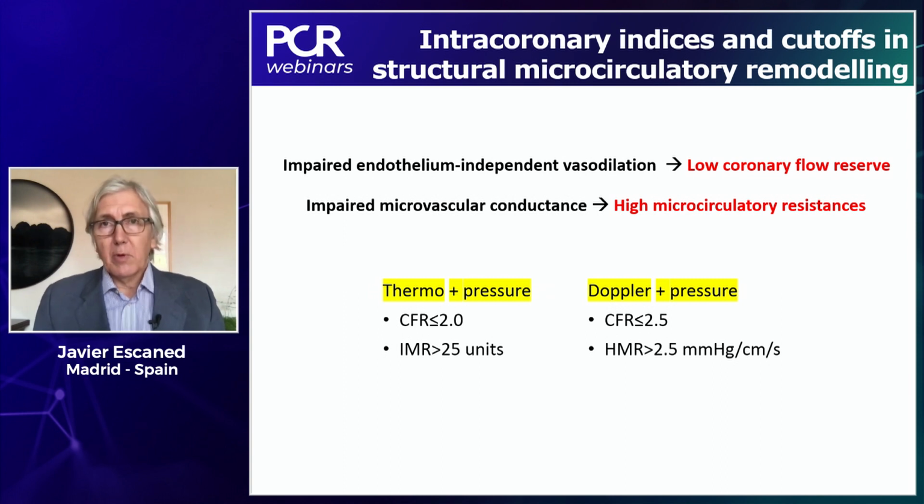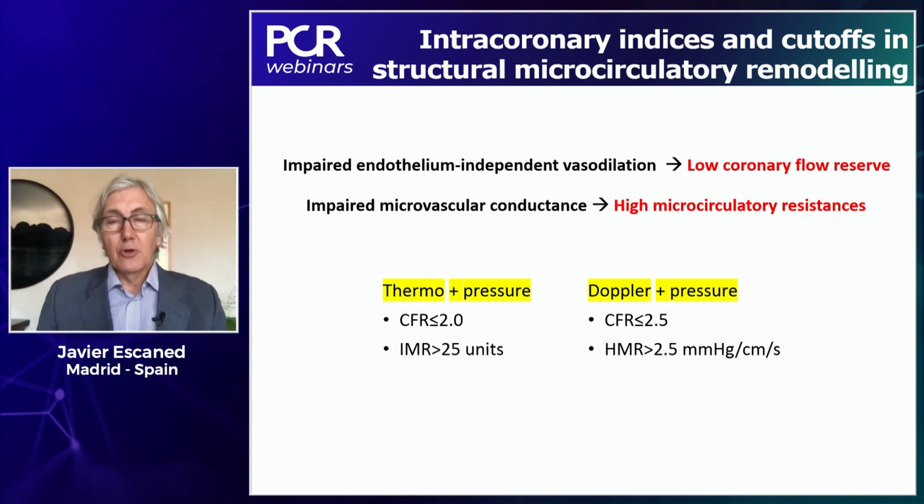You have two different ways of approaching this. One is thermodilution and pressure. We have covered this in the previous webinar. And the cutoffs that we use for this particular approach is we take as abnormal a coronary flow reserve that is equal or less than 2, and abnormal a microcirculatory resistance that is higher than 25 units.